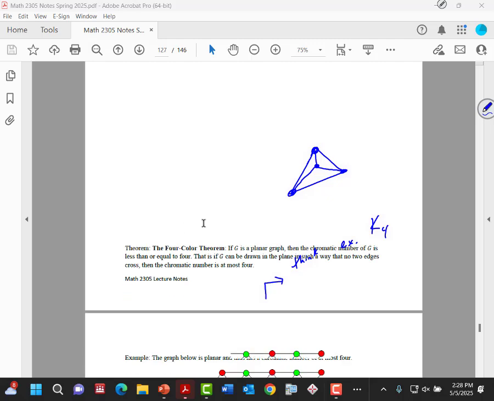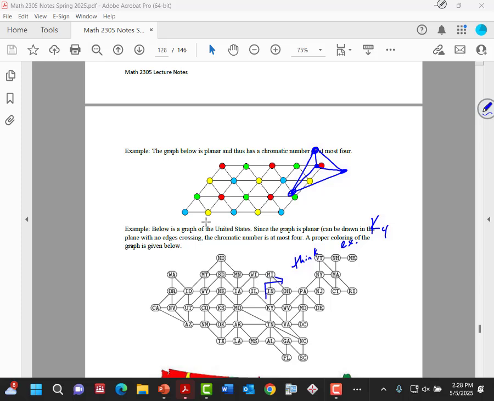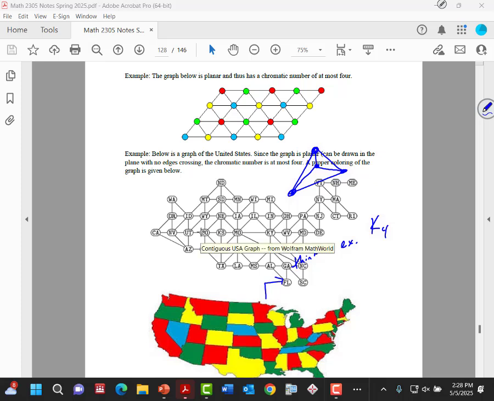So let's continue and take a look at an example. The graph below is planar and thus has a chromatic number of at most 4.